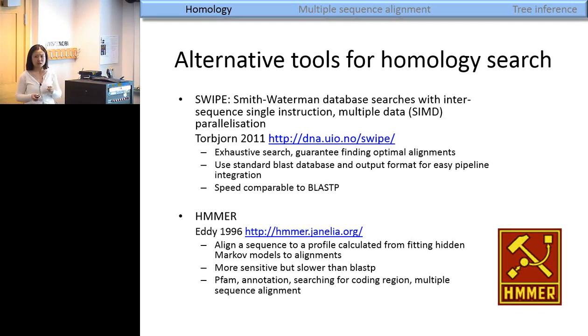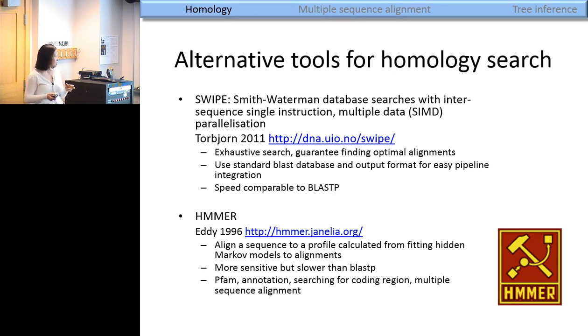It came out pretty recently, but has been widely adopted in a lot of pipelines published afterwards. The nice thing about it is that it uses the Smith-Waterman algorithm, so it's an exhaustive search. It guarantees finding everything in your database and guarantees the optimum alignment according to your mismatch and gap penalty, of course.